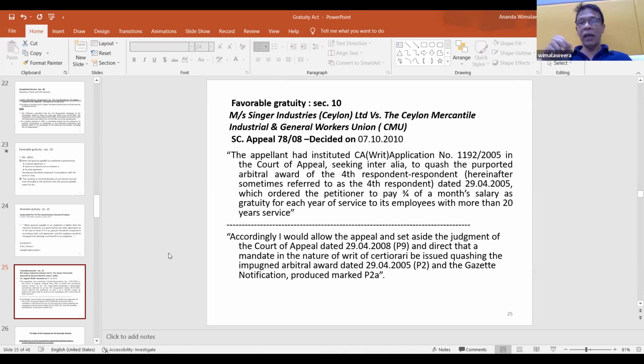The union neither accepted nor rejected. Instead, they were arguing for 1 month salary for each year of service.